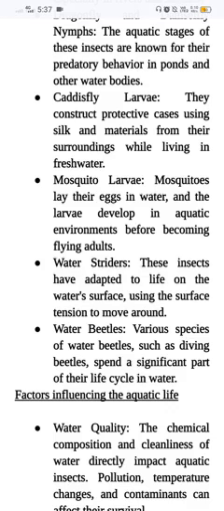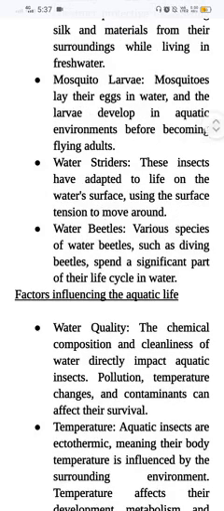So, mosquitoes lay their eggs in water and the larvae develop in aquatic environments before becoming flying adults. And water striders, these insects have adapted to life on the water surface using the surface tension to move around. Then water beetles, various species of water beetles such as diving beetles spend a significant part of their life cycle in water.